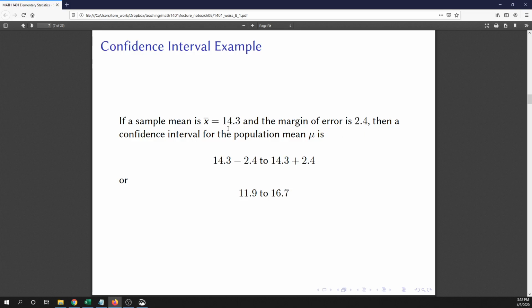It would be the sample mean minus the margin of error, and the sample mean plus the margin of error. So we would say that the population mean is probably right in this range right here, 11.9 to 16.7, based on the sample.